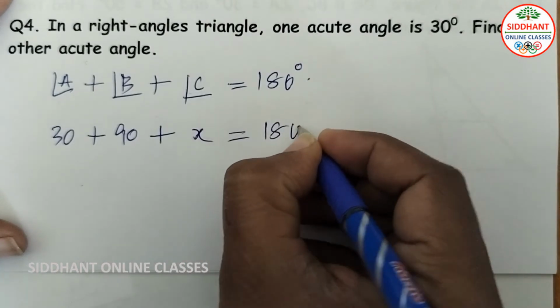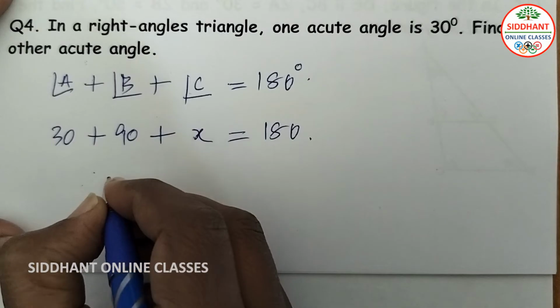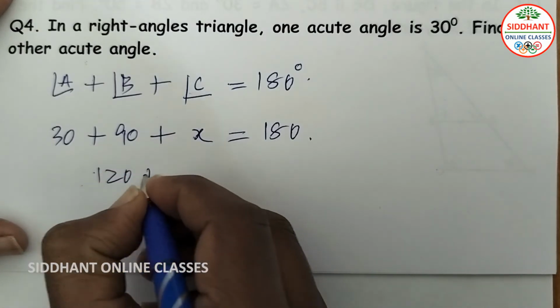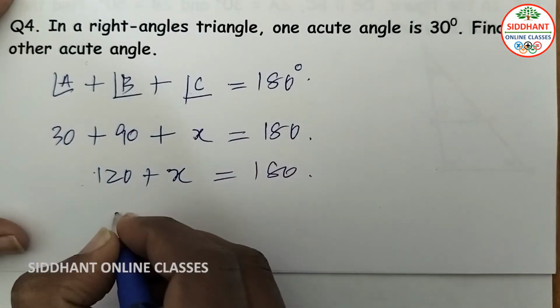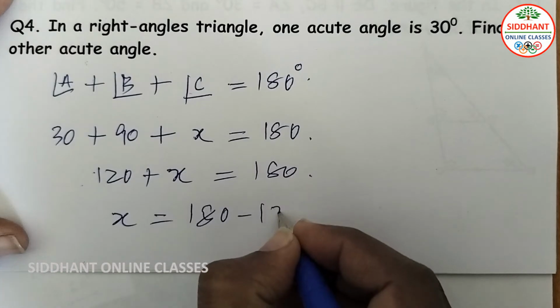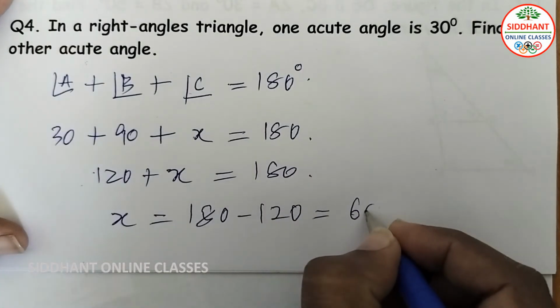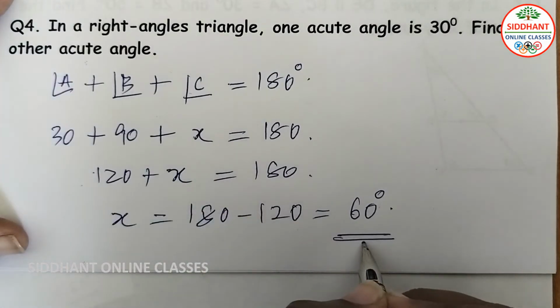And the total is 180 here. So 90 plus 30, that will be 120 plus x, that equals 180 here, and x is equal to 180 minus 120, that equals 60 degrees here. So the other acute angle is 60 degrees here.